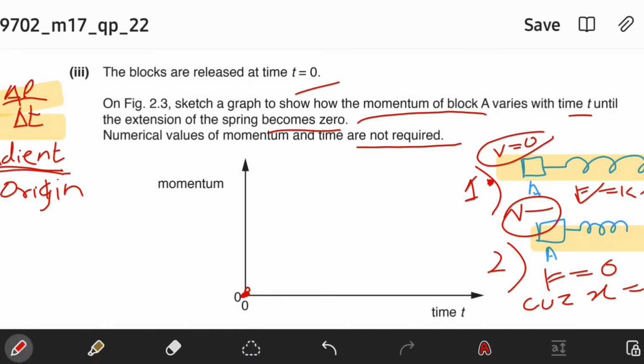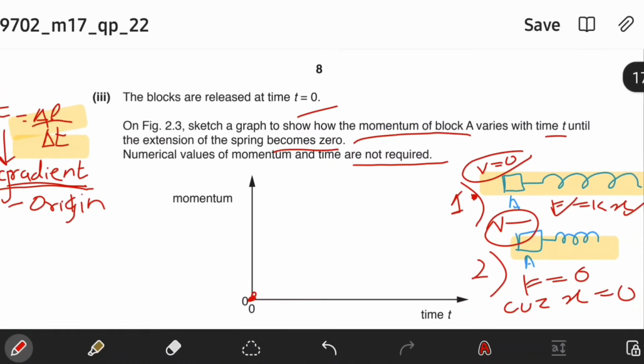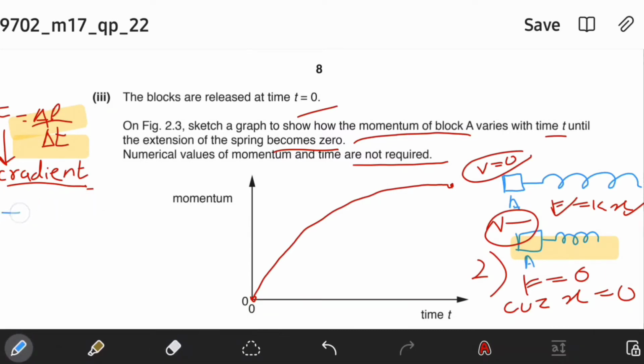So let me draw it. Okay. It should touch the origin. And so there are some pointers that you need to take care for this graph that are mentioned in the marking scheme. So firstly, it should pass from origin.